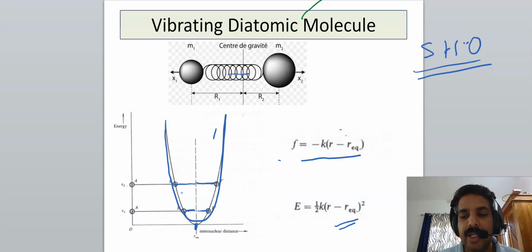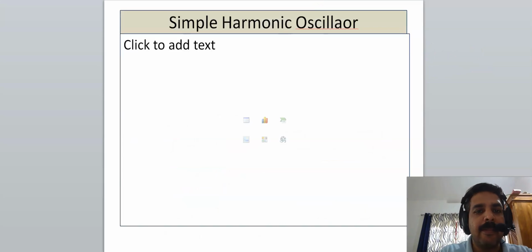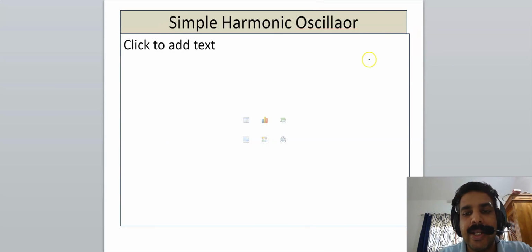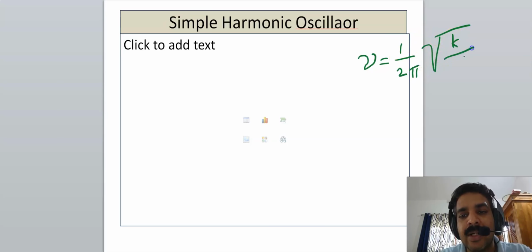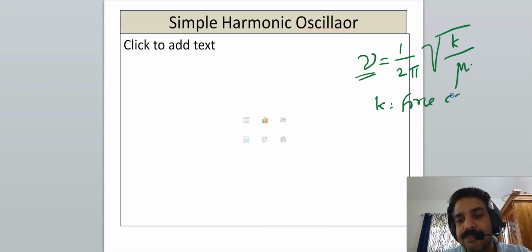The frequency of vibration nu is given by classical mechanics: it is equal to 1 by 2 pi into the root of k divided by mu. That is the equation for the fundamental frequency of vibration, where nu is the frequency of vibration and k is called the force constant, which depends on the strength of the bond.